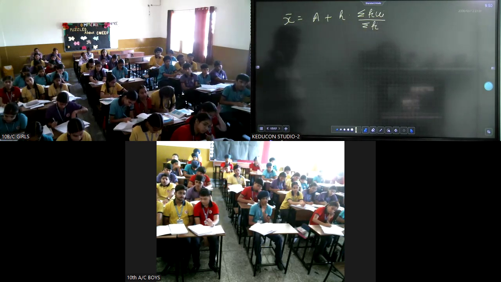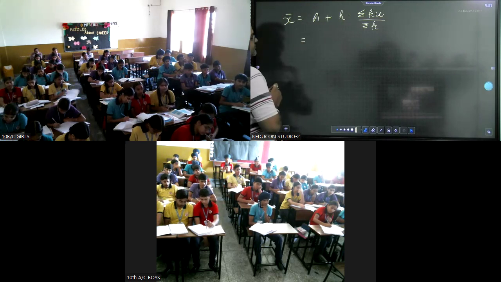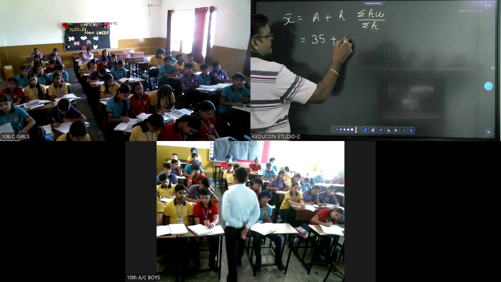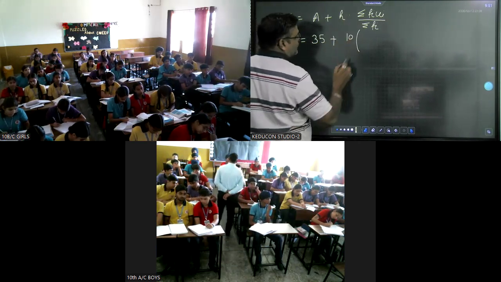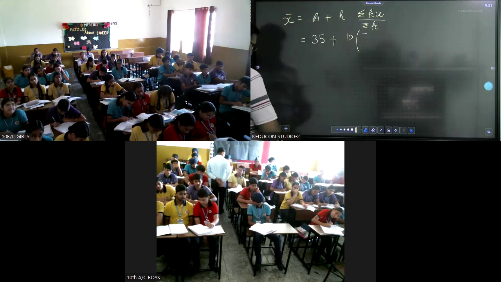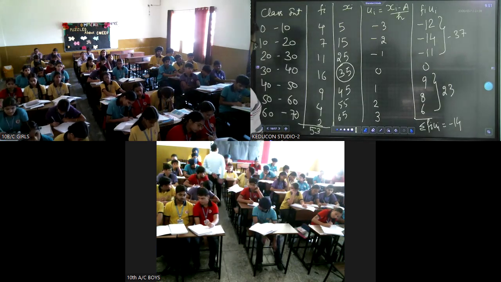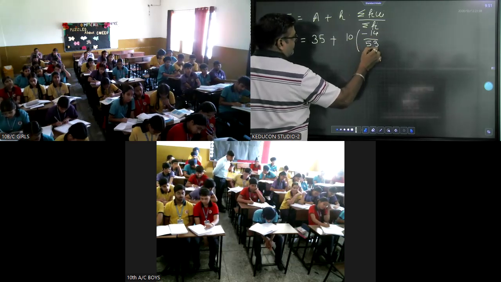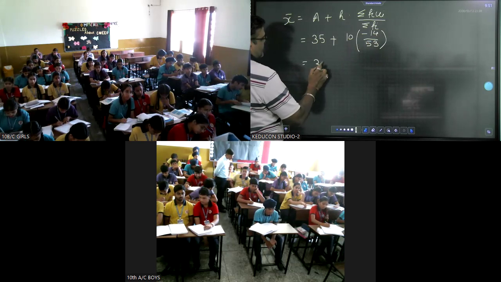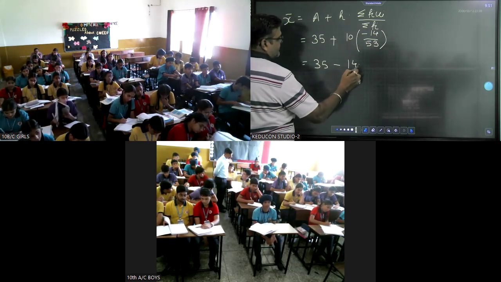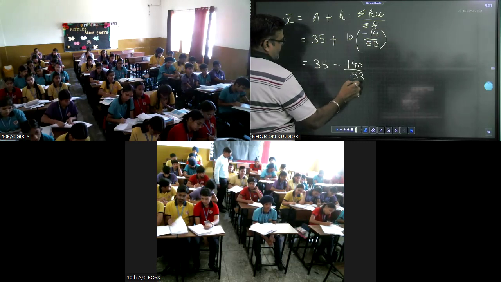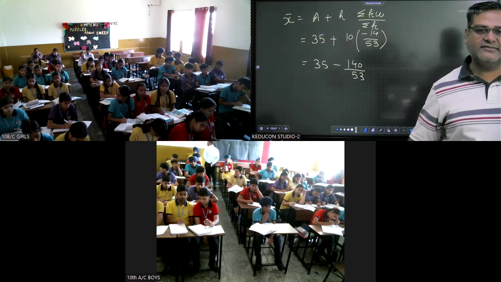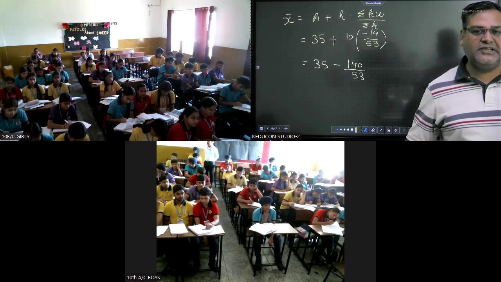So what was A? 35. What was h? 10. Into minus 14 upon 53. So this becomes 35 minus, and you solve this to get the answer. Is this clear? Please solve this.